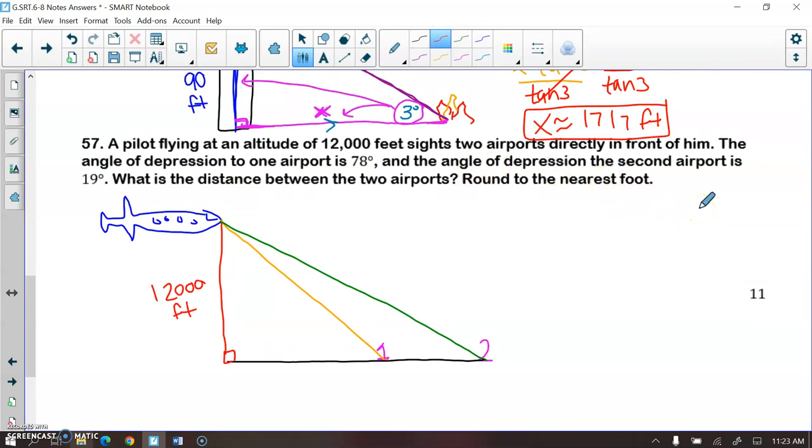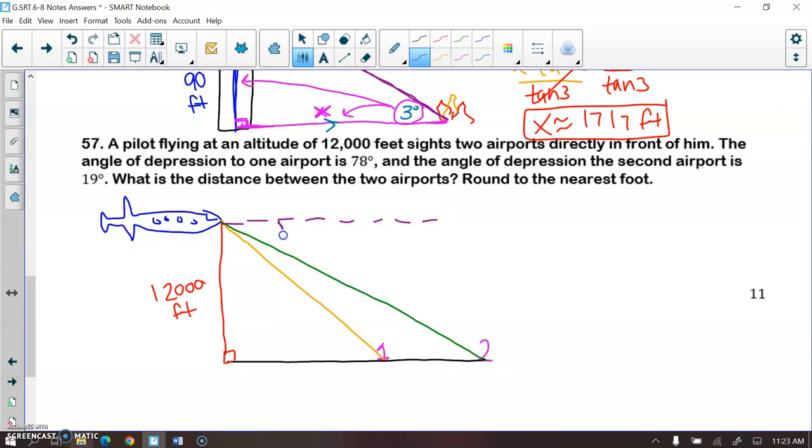The angle of depression to one airport is 78 degrees, and the angle of depression to the second airport is 19 degrees. So the angle of depression is always formed by the horizontal and the line of sight.